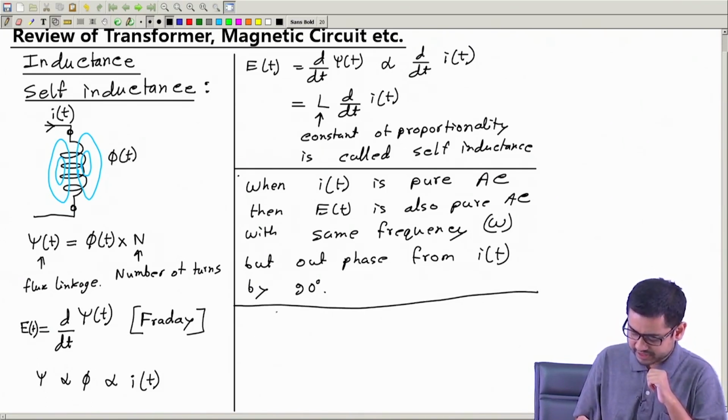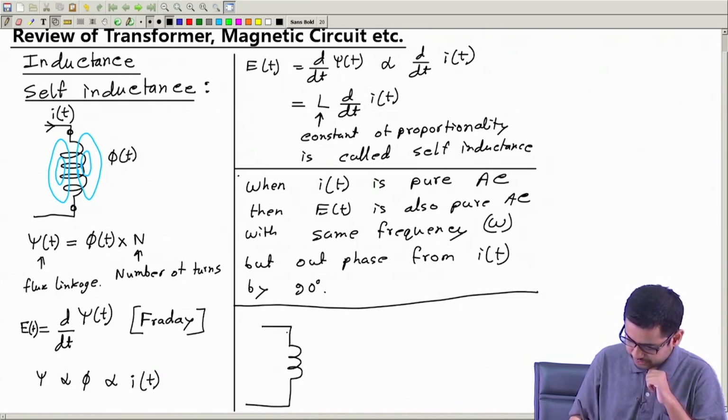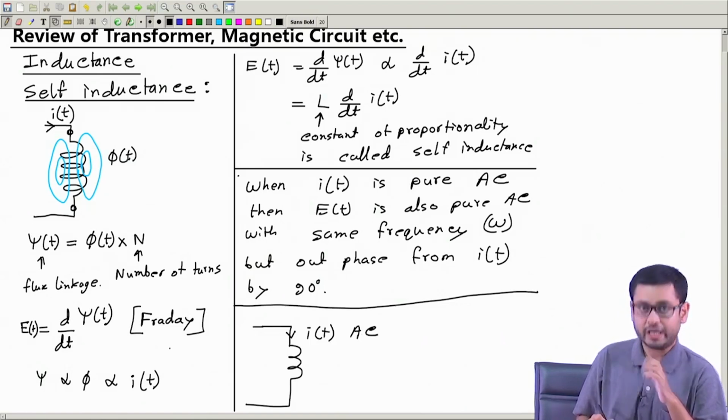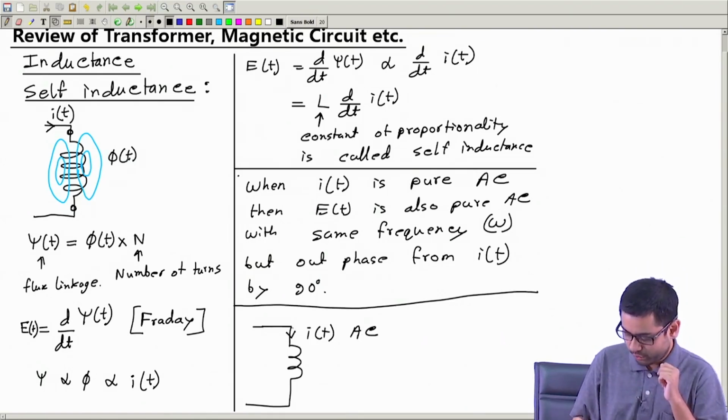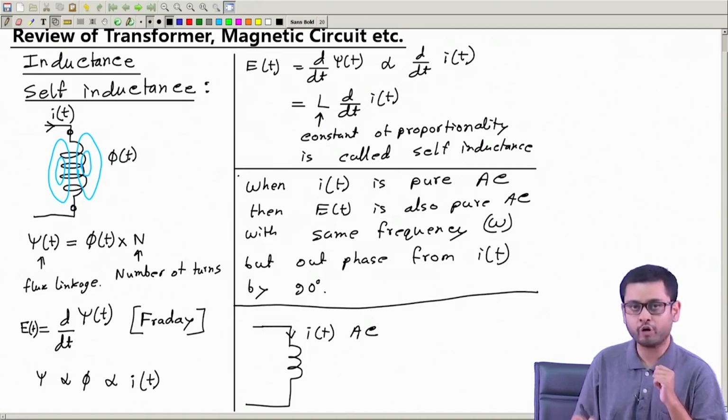Now, let me ask the question. If this is the coil, and it has a current i(t) which is AC, let me ask a basic question. What does this symbol, this arrow, mean?